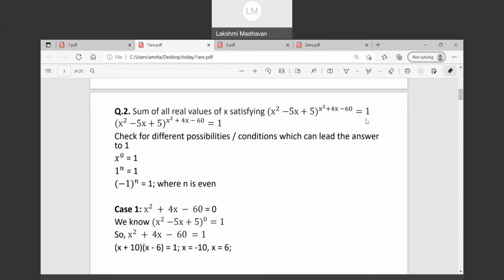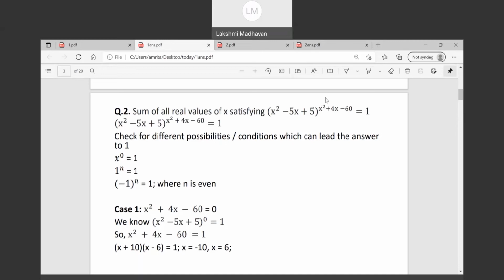So the first option is, we know x raised to 0 equal to 1. So here the value x square plus 4x minus 60 can be equal to 0. That's the first part. Now the next one is 1 raised to n is equal to 1.